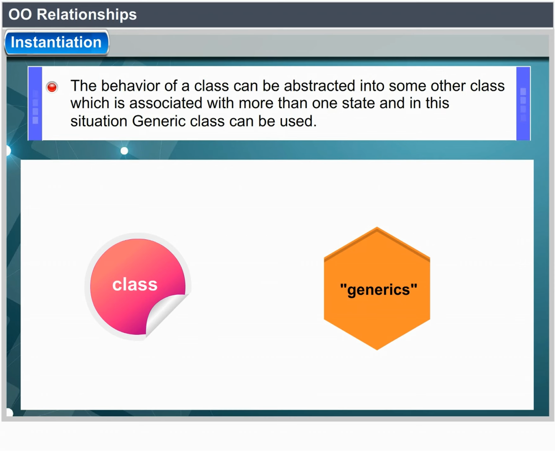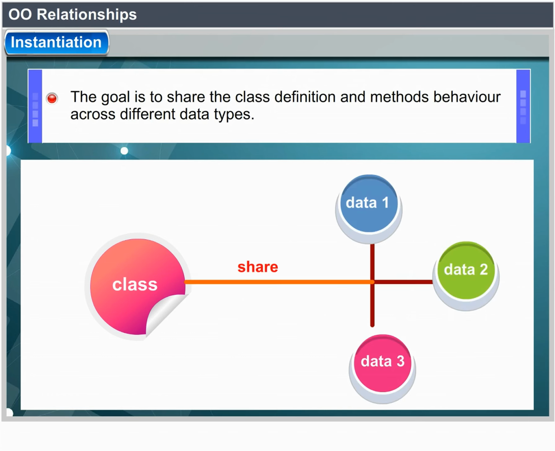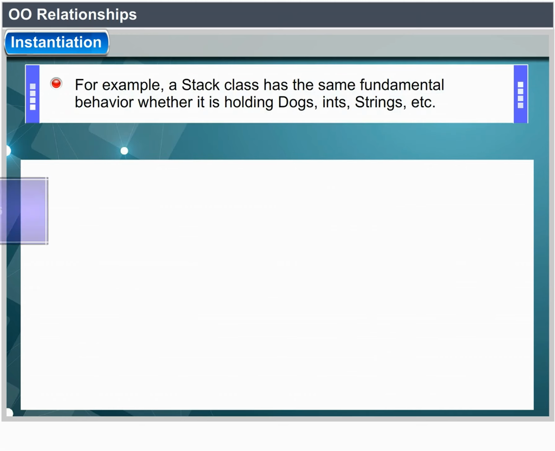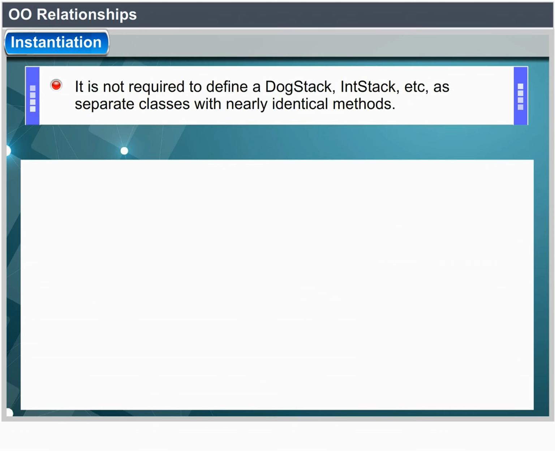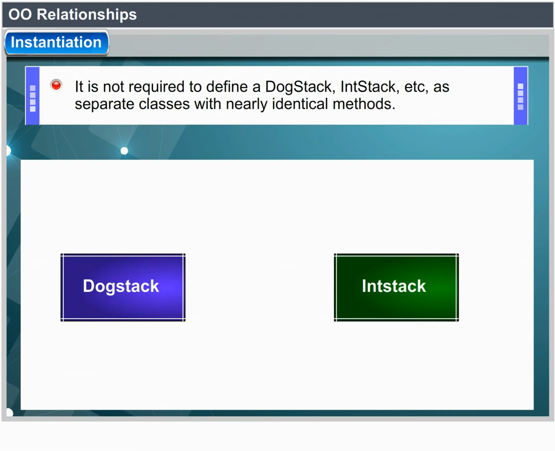The goal is to share the definition in the class of some behavior, that is, the methods, across different data types. For example, a stack class has the same fundamental behavior whether it is holding dogs, integers, strings, etc. We shouldn't have to define a dog stack, int stack, etc. as separate classes with nearly identical methods.